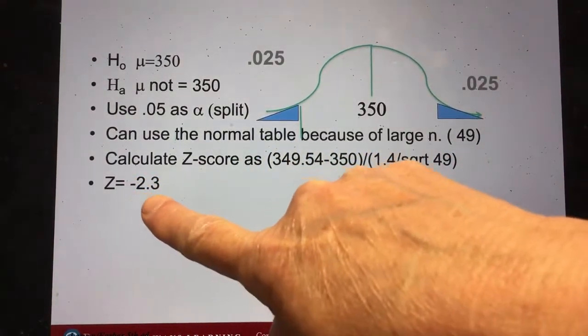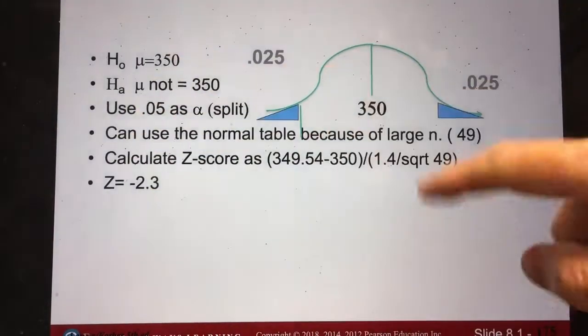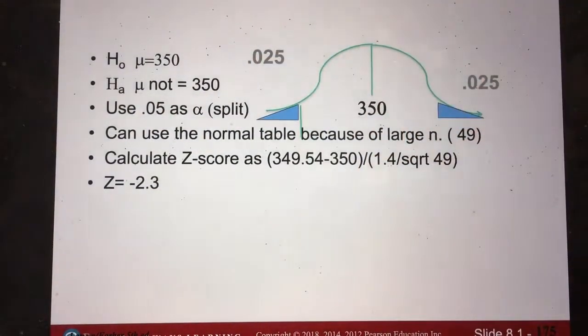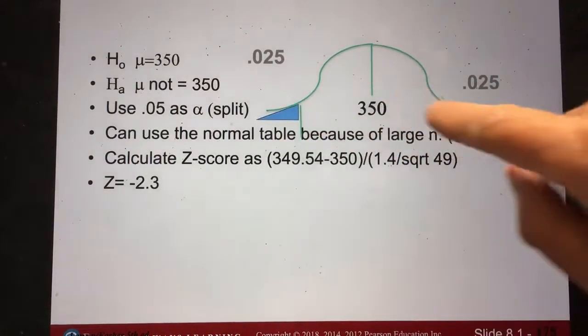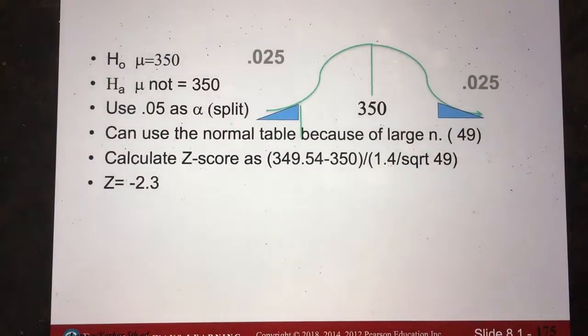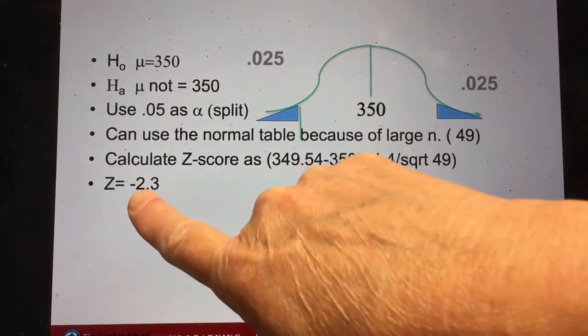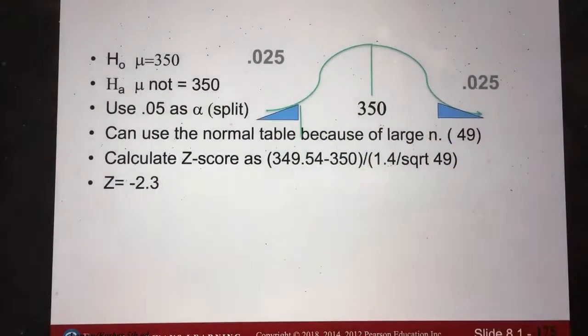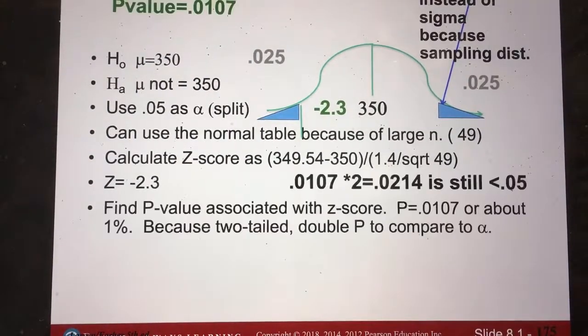Our z is negative 2.3. We can look at our negative 2.3 and see what is the p-value that goes with negative 2.3.